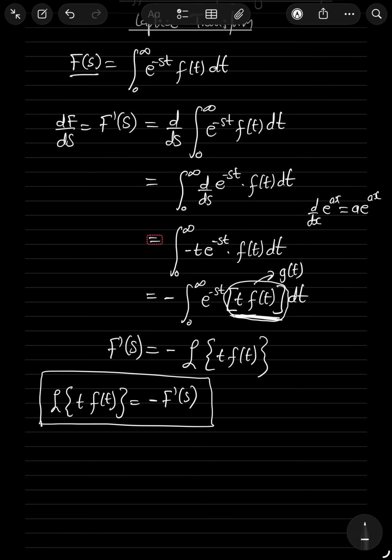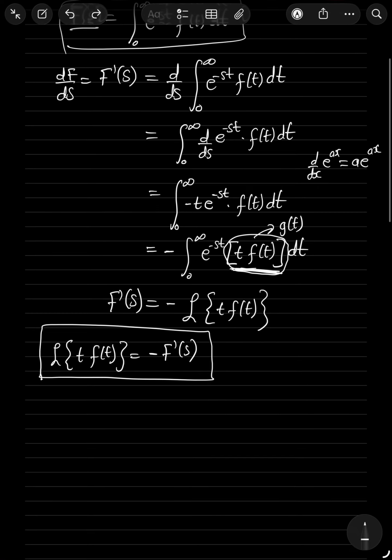So what we did here, we differentiated both sides with respect to s, so this is the part that is differentiated. If we differentiate that, you get this. Then I just factored out the negative, and grouped t times f(t).